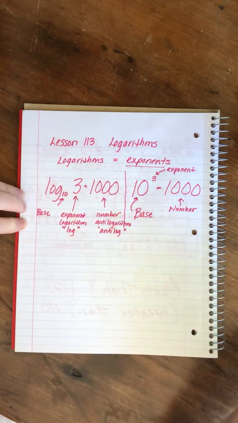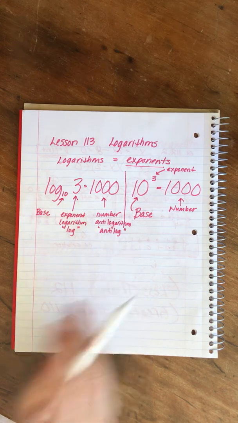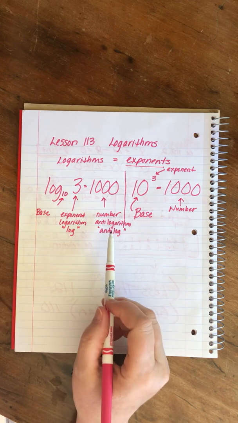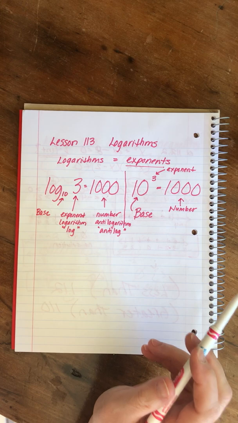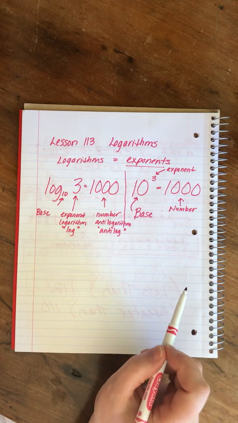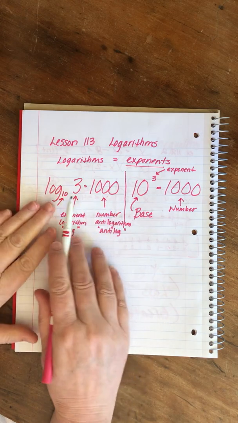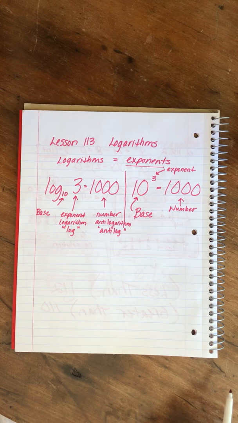Oh, I don't like that. Against something, to go against something, I don't like that feeling at all of something being anti. So anti-log just means the number, okay? It's not scary, it's not hard. We've got all the same players and the same kind of calculation, we're just presenting it differently, okay?